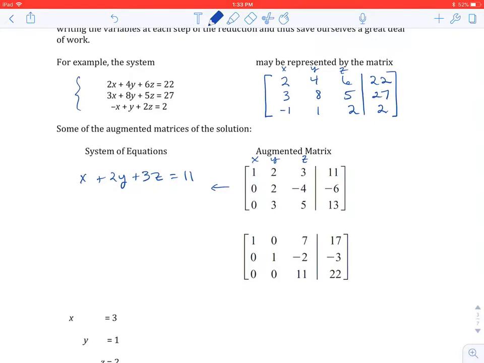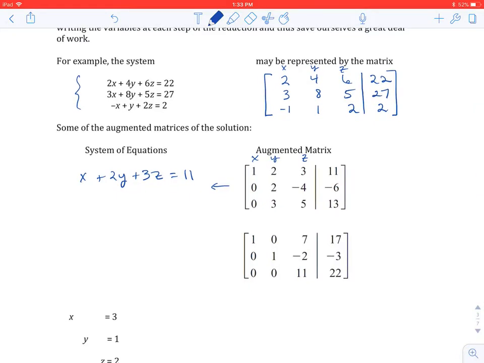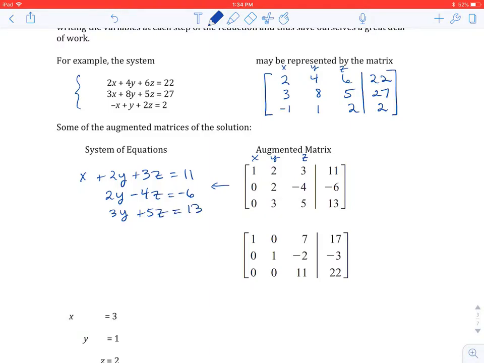The second row becomes 0 X's, so I'm not going to write that down. 2Y minus 4Z equals -6. And then the last row becomes the last equation, 0 X's plus 3Y plus 5Z equals 13.